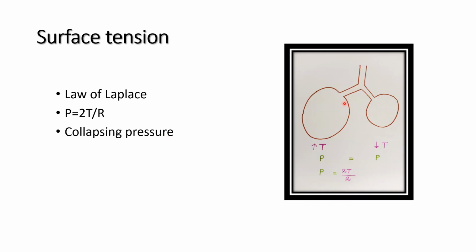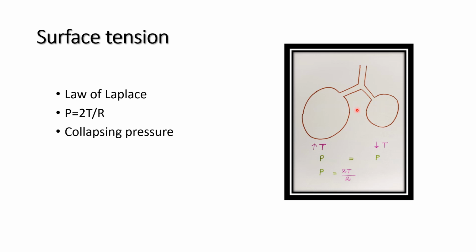Suppose two alveoli are present in the lung, one large and one small, and both have the same surface tension.